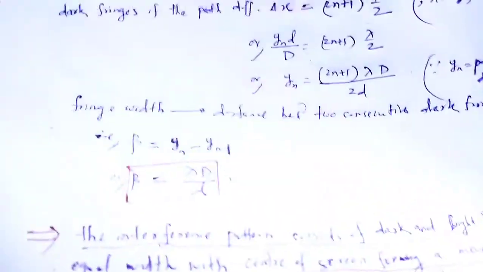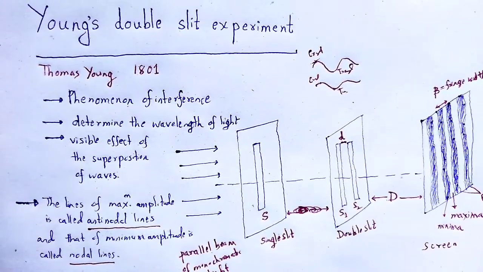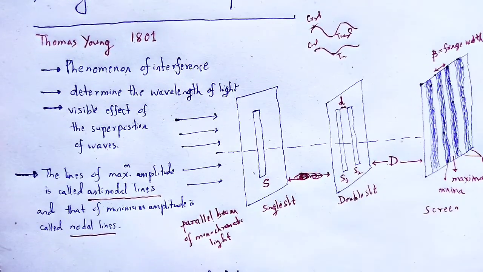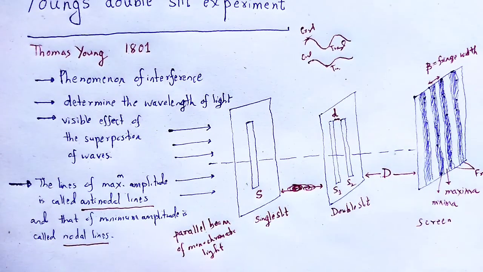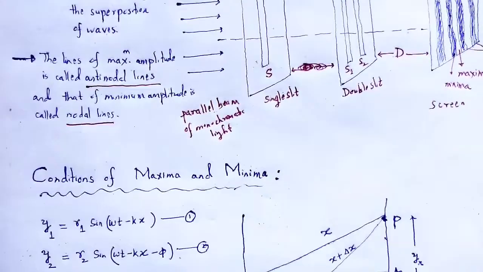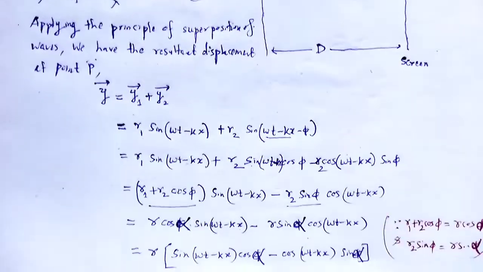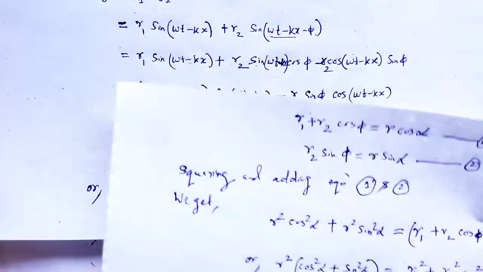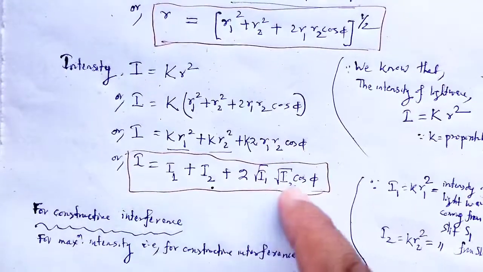So with the help of this video lecture, we understood Young's double slit experiment, the experimental setup, and the explanation regarding how we observe maxima or minima. Then the mathematical condition for maxima and minima, the resultant amplitude, that is the intensity.